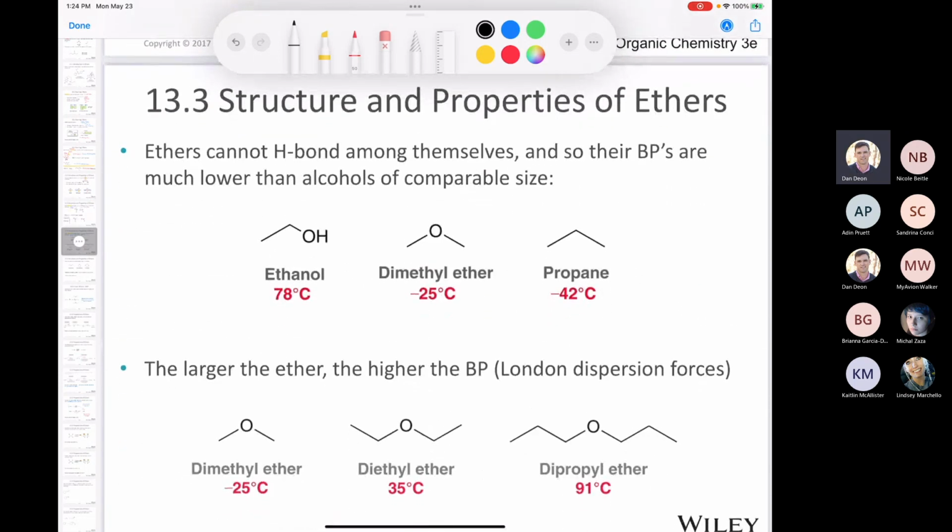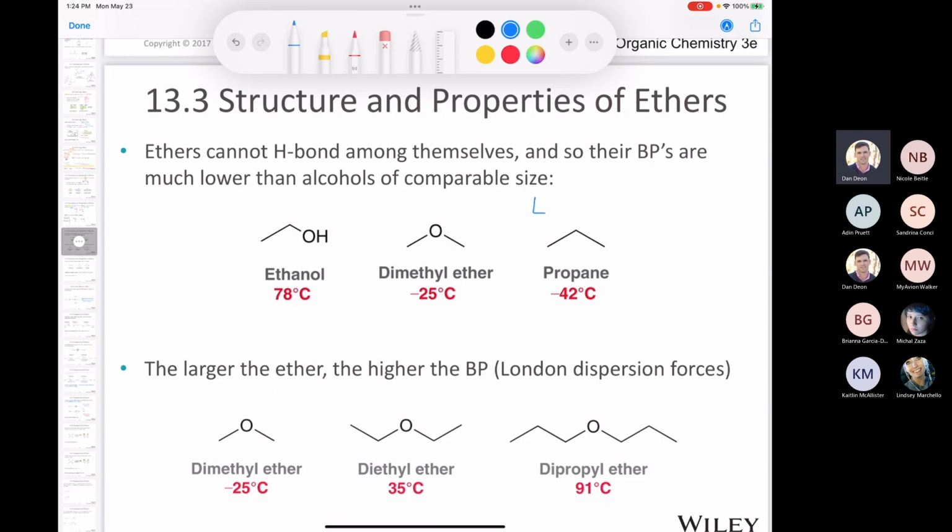You see these effects of intermolecular forces that I'm talking about if we compare the relative boiling points of ethanol, dimethyl ether, and propane. Ethanol is an alcohol, dimethyl ether is obviously an ether, and propane is an alkane. And we know that propane, the alkane, has no polar bonds in it whatsoever.